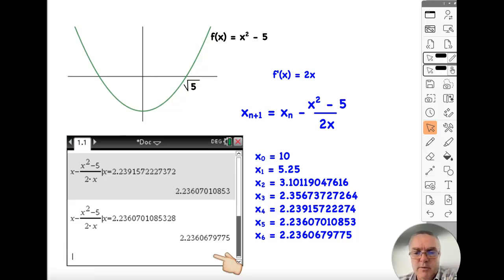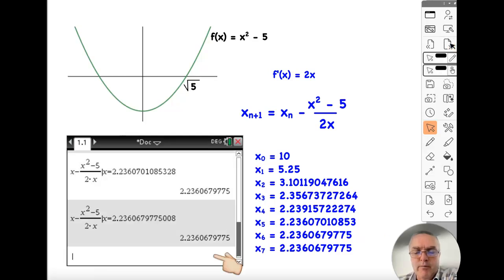So now you can see even by the time I get to the sixth estimate to 4 decimal places, or even rounding off to 5 decimal places, those two guesses are pretty much the same. And when we look at our next guess to 10 decimal places, it hasn't changed at all.